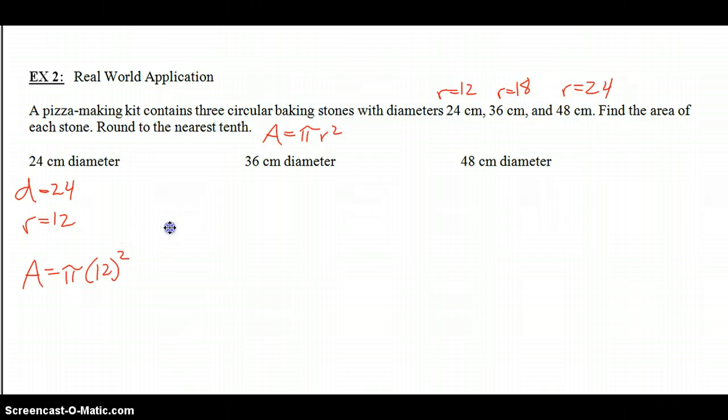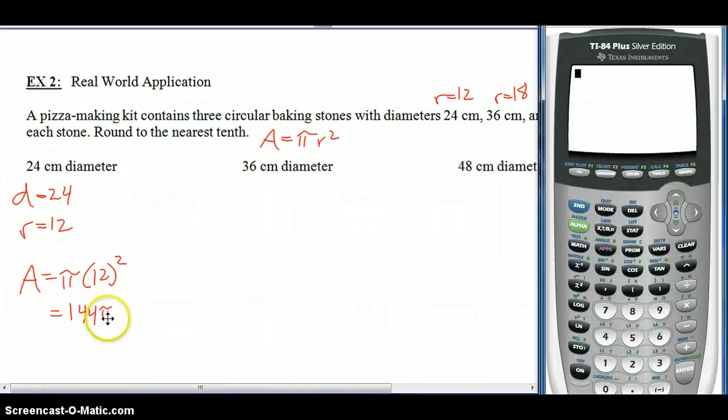It says to round these to the nearest tenth, though. So when we do this, we're going to do 12 squared, which is 144, times pi. And we're going to multiply that with our calculator to get an answer. So if we take 144 times pi with our calculator, on this calculator I have to hit the second button and then pi.